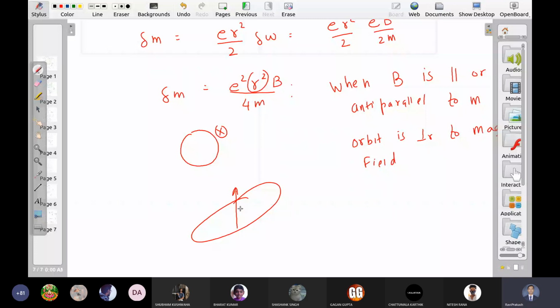The projection of this r on the xy plane. Okay. So let me tell you what exactly is the r.